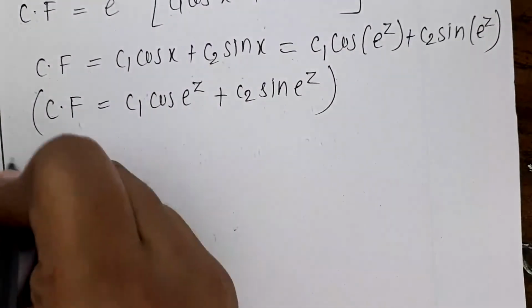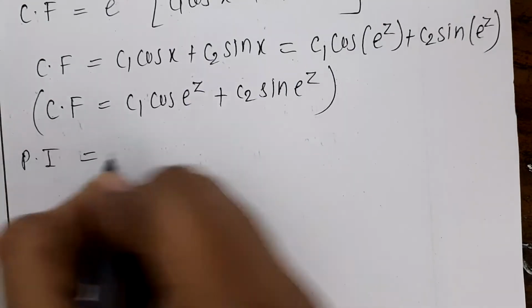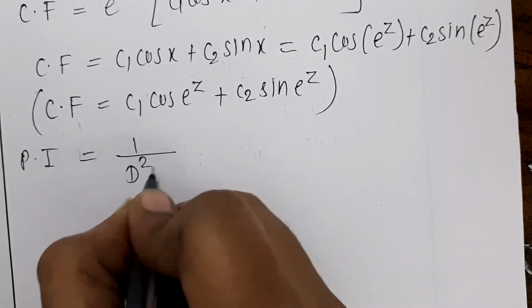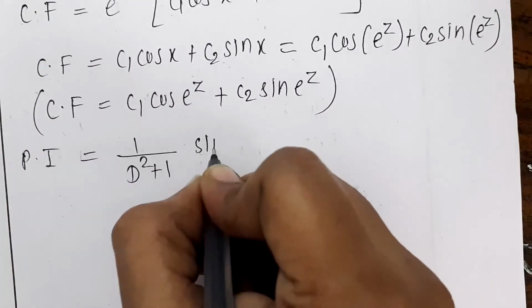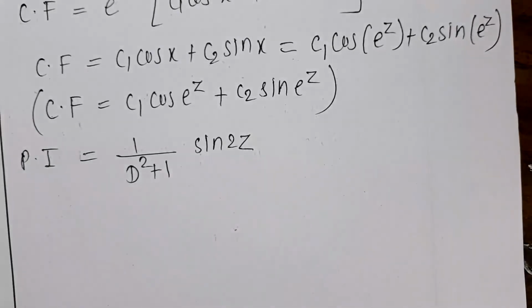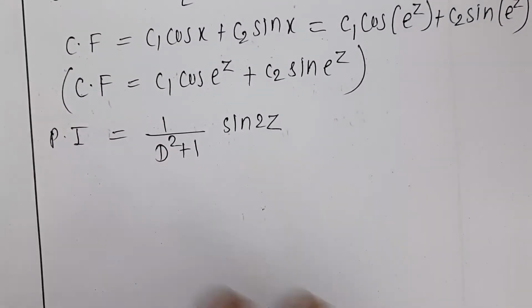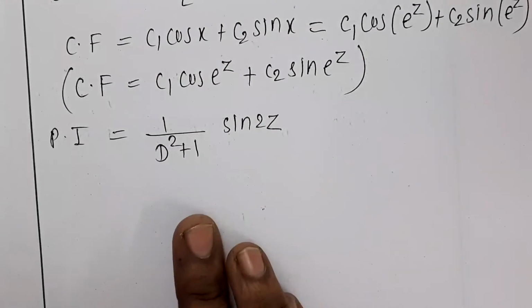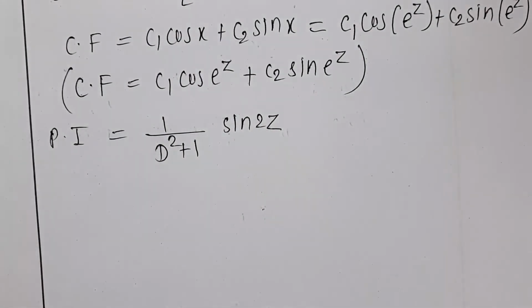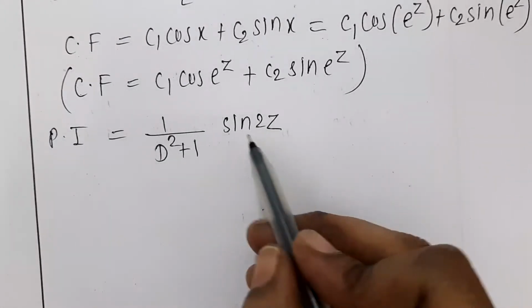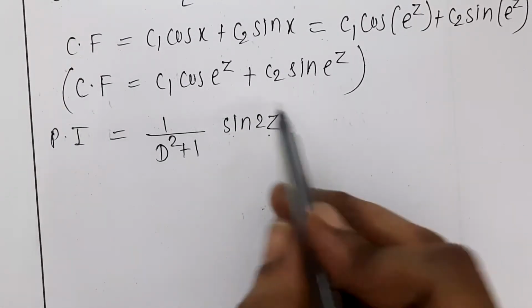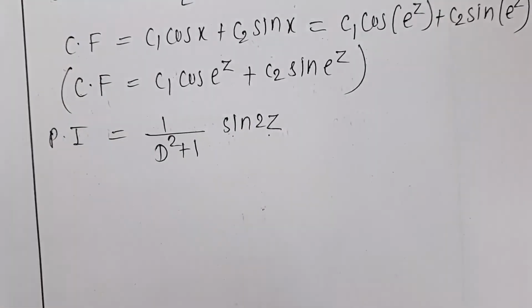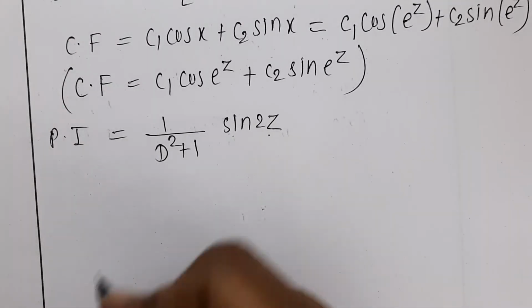Now PI. PI is equal to 1 upon D square plus 1 multiplied by sine 2z. Whatever PI we get, we use accordingly the general method, shortcut method or variation of parameters. You can use any one of the methods. Here a sine 2z term is there, so a trigonometric term is there, so we can directly evaluate by using the shortcut method.